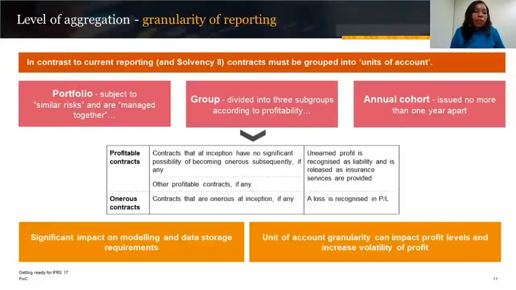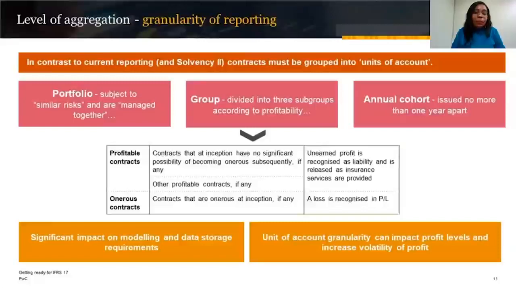So looking at portfolios that have similar risks, and then also looking at it from the company's perspective, how do they manage those contracts? So you could have contracts that have similar risks, but they are managed separately for some reason by the organization. Then in that case, you need to go below the level of shared risk and also consider how these portfolios are being managed within the organization.